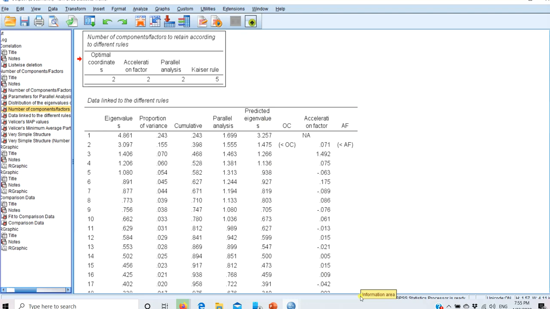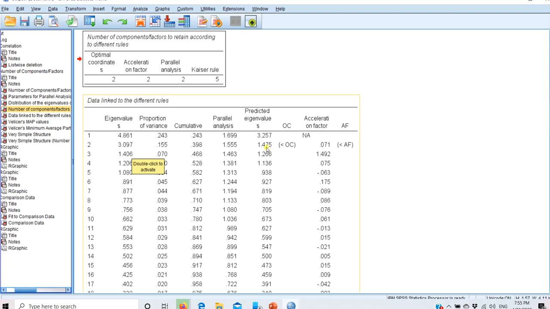In the presentation I have said that if the actual eigenvalue is equal to or higher than the predicted, then we will retain.